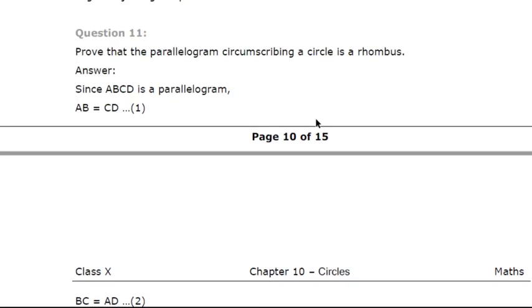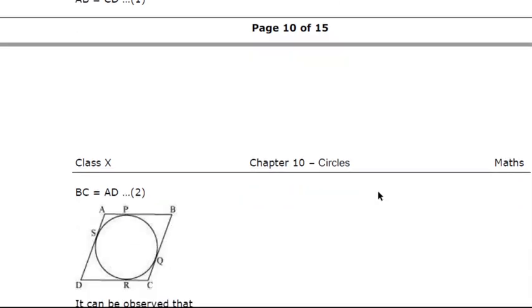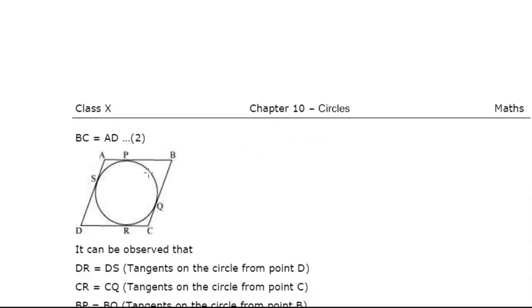We have to prove this is a rhombus. Now this is 2x, 2x, 2x, 2x. All sides are equal and this is a parallelogram, so this must be a rhombus.